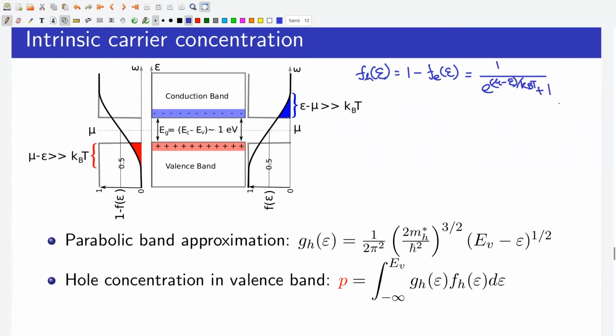Now, if the band gap is not too small, then mu minus E is much larger than kBT, and we can approximate FH by this.